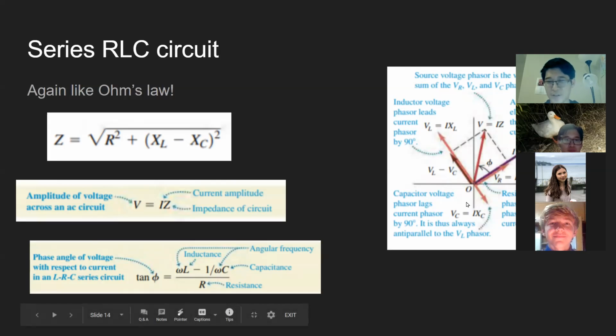And the true voltage vector is just the sum of all three of these voltage vectors: the voltage caused by the inductor, the voltage caused by the capacitor, and the voltage caused by the resistor. That's what the phase angle is. If you get a positive phase angle, that means it's leading. If you get a negative phase angle, that means it's lagging behind.